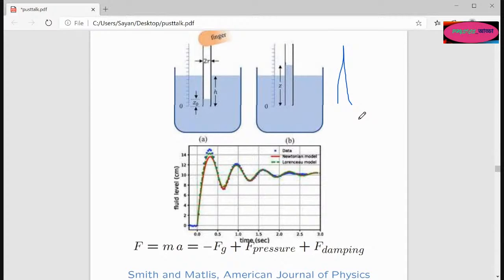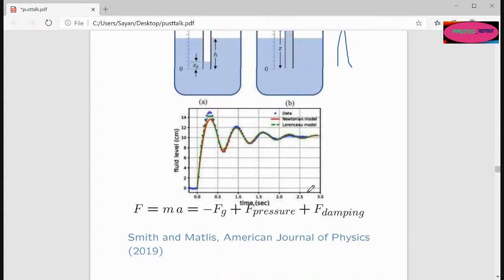So this is also an experiment that you can do very easily. You can find out the time dependence of the height over here, using a simple mobile camera as such. And once you find out how this height changes with time, you can plot it. And from there, you can figure out what that oscillatory motion is.